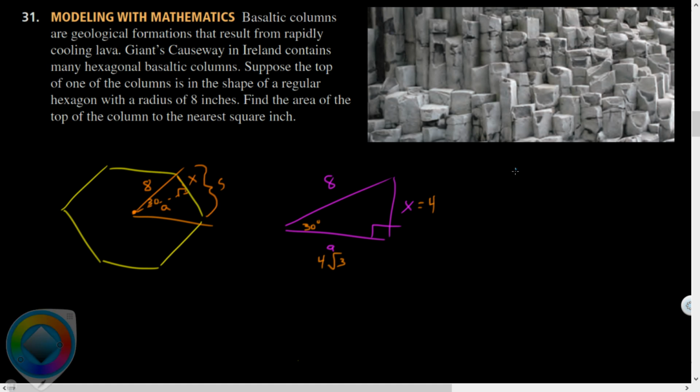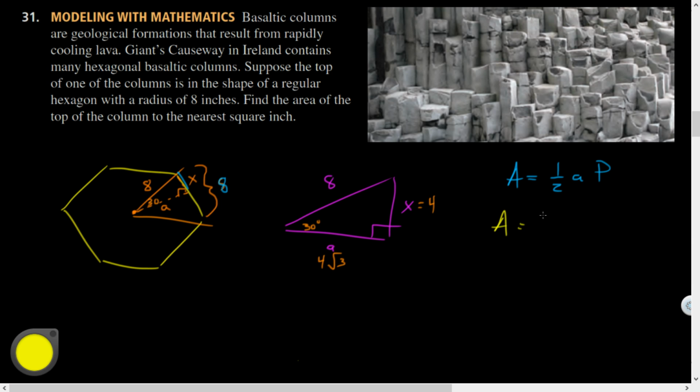All right, hi. So the area of this would equal half the apothem times the perimeter. If this length is 4, then the entire side length is 8, right? And 8 times 6 would be my perimeter.